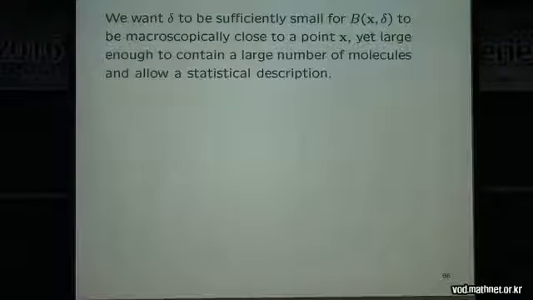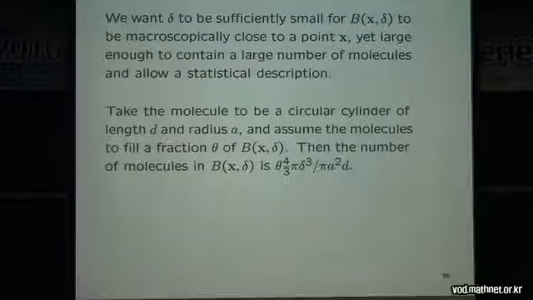That's what I just said. Now, just to give an idea of the order of magnitude, suppose you take the molecule to be a circular cylinder of length d and radius a, and assume that the molecules fill a fraction theta of the ball of radius delta. Then the number of molecules in the ball is 4/3 pi delta cubed theta over pi a squared d.